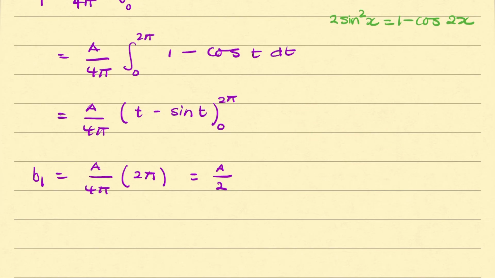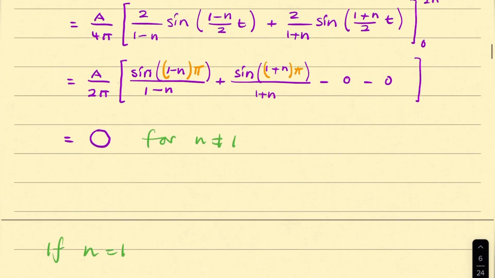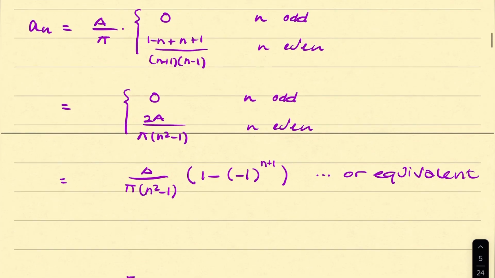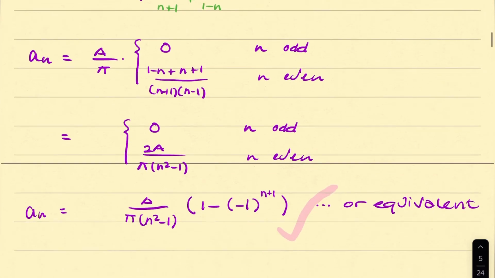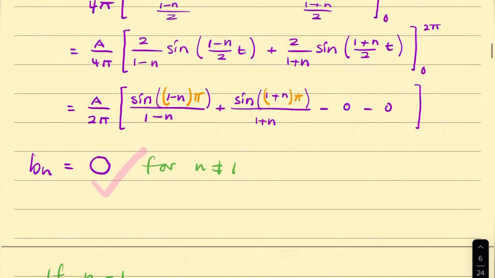So now we've found b1, we've found bn, we've found an, and we found a0, sorry, a1. I think we found a0 in the previous part.